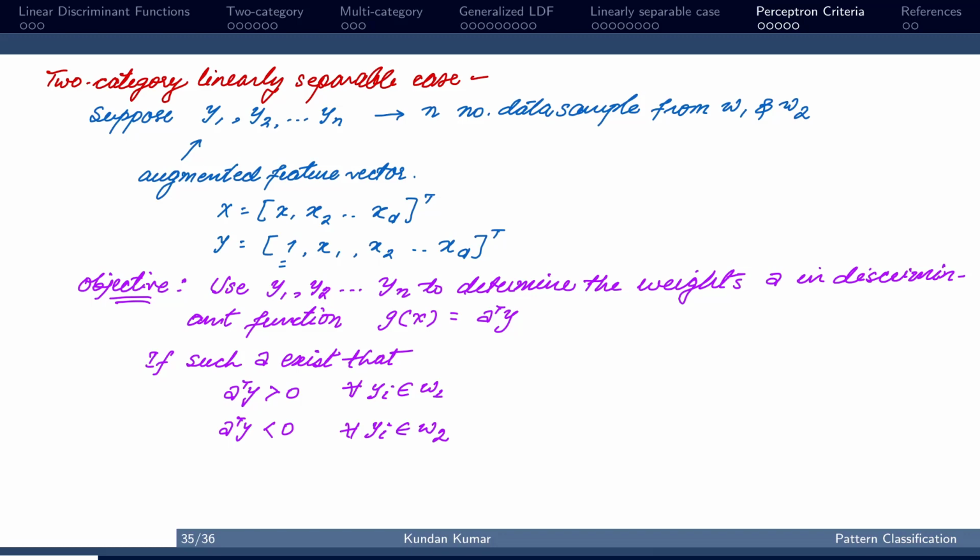Okay, then we can say that y1, y2 and yn are linearly separable.